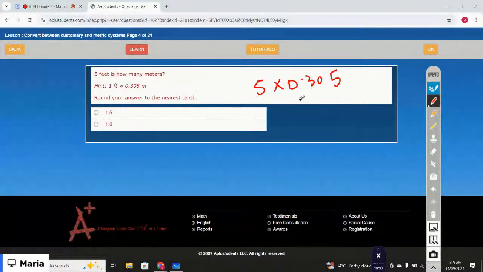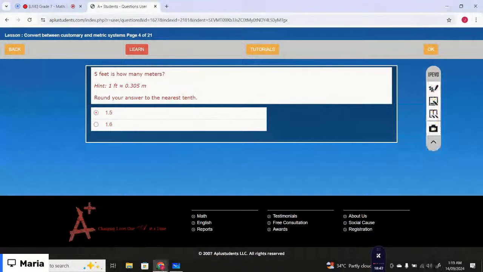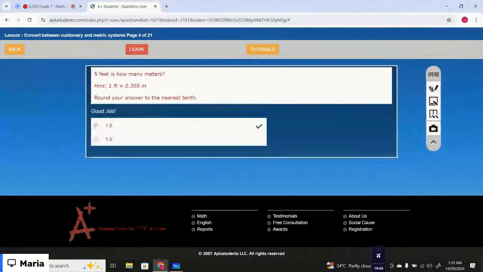The correct option is 1.5. Option number 1 is the correct option, right? That is 5 times 0.305. The correct option is 1.5. Option number 1 is the correct option. Got it?